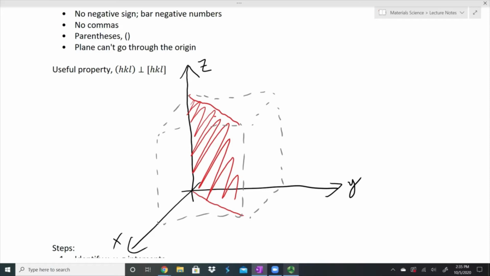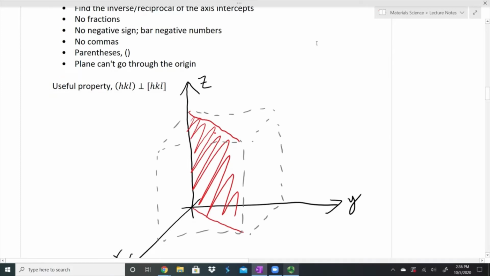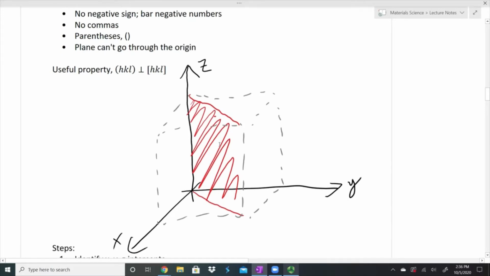And what I want to do is figure out what's happening. Now the first thing that I should do is figure out where my axes intercepts are. And so if we do that, I would say, well, it intercepts my x-axis at 0, it goes through my origin here. So my x-axis, it would go through 0.